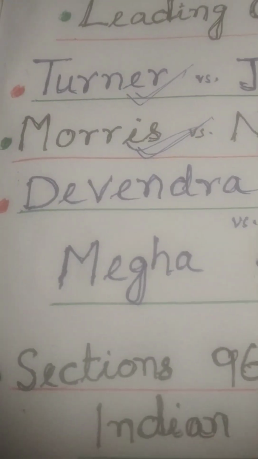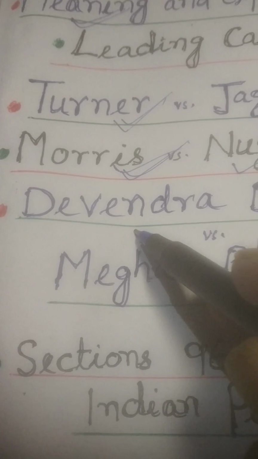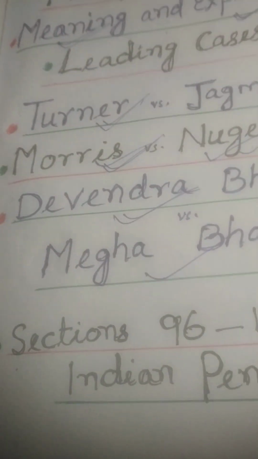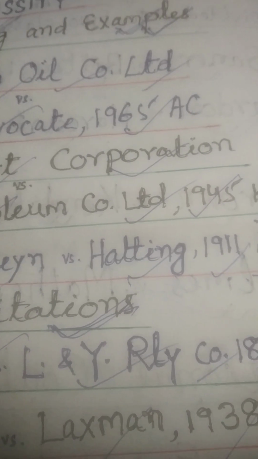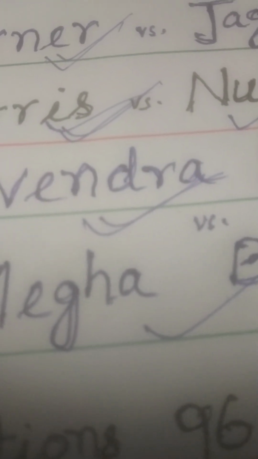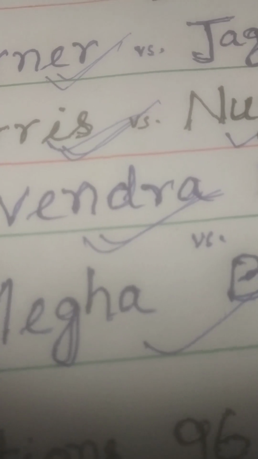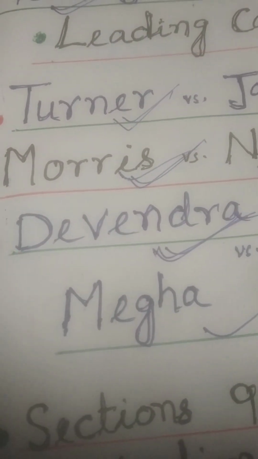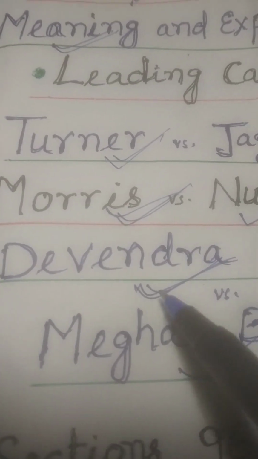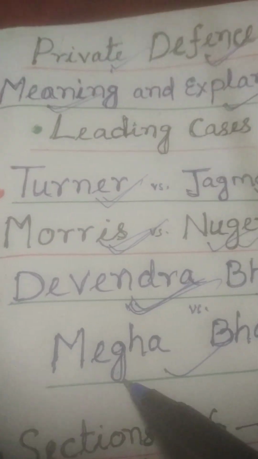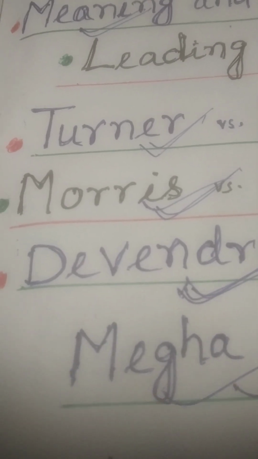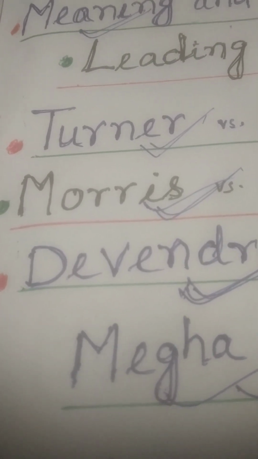Our next important leading case relates to Devendra Bhai versus Magha Bhai, decided by the Odisha High Court in 1986. It was held that under Indian law, self-defense is a permissible defense against an action in tort, and it extends to protecting oneself and the life of one's wife, parents and children.